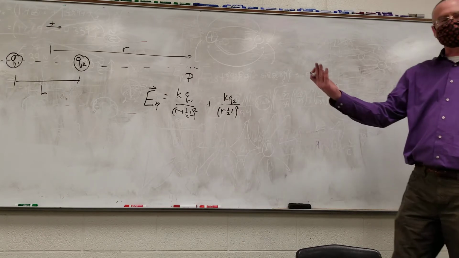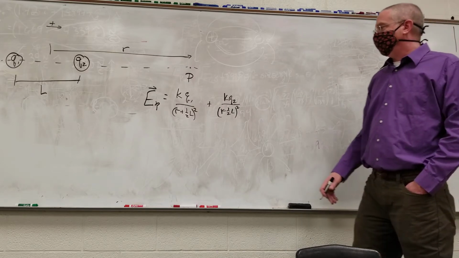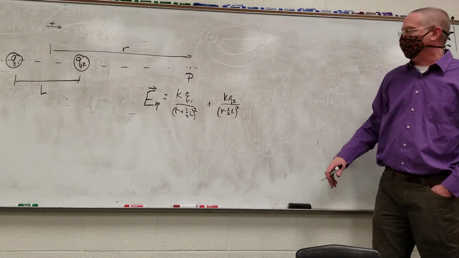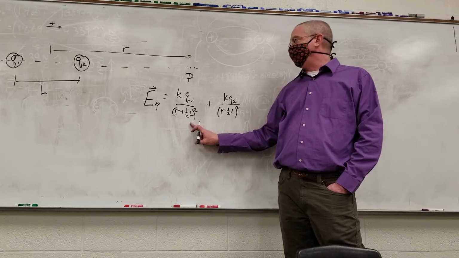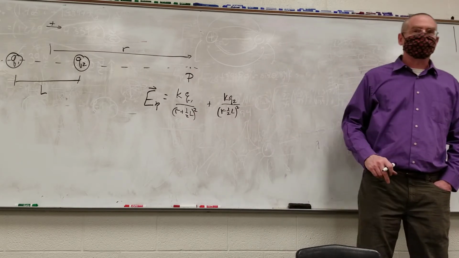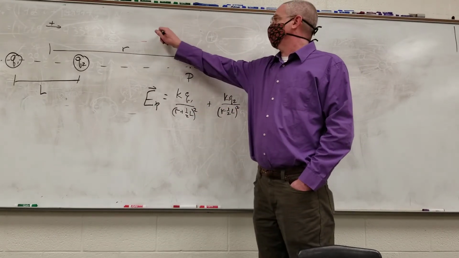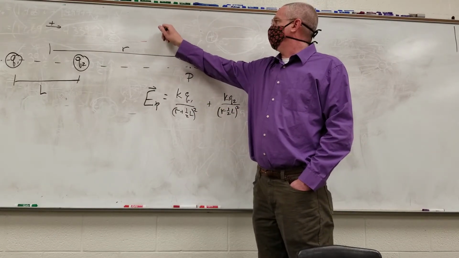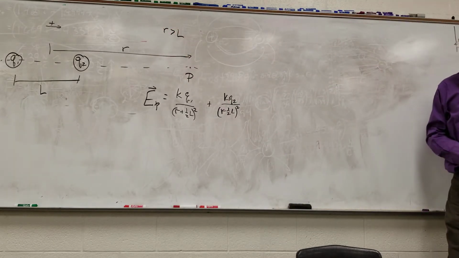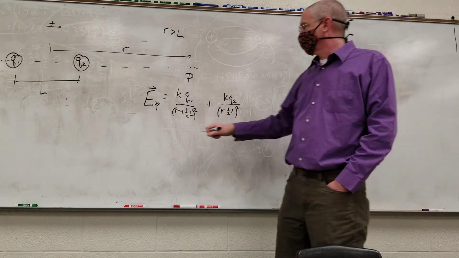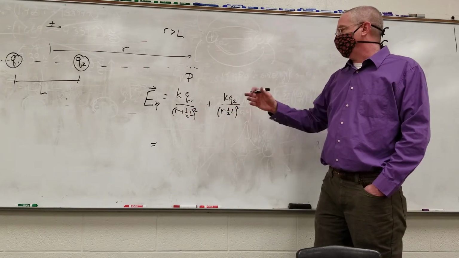This is not a dipole, this is just two charges. All right, so let's see if we can get something common here. We've got this R plus 1/2 L right here. R is bigger than L. If R were smaller than L, well, let's just go ahead and establish that. I guess R technically could be, but R is bigger than L. We'll eventually make R much bigger than L. So R is the larger number, so I'm going to factor R out.